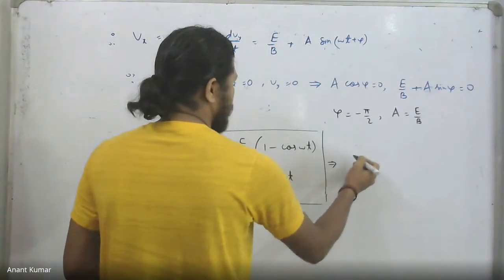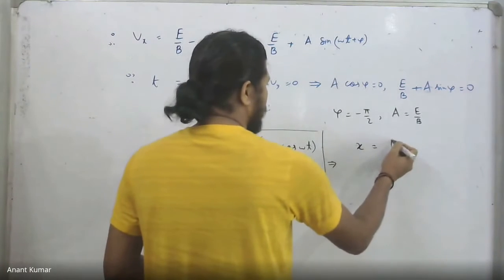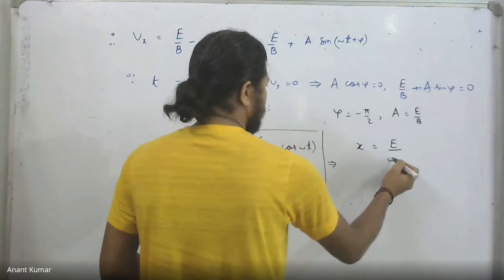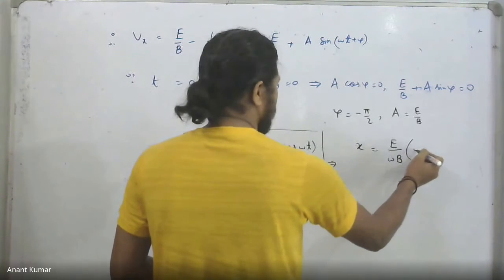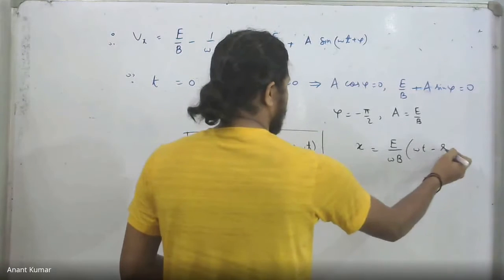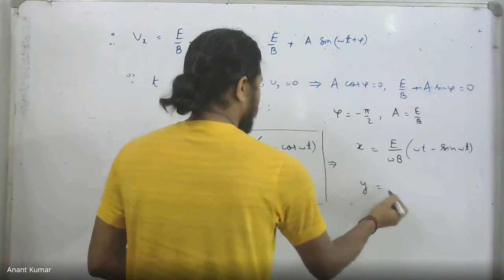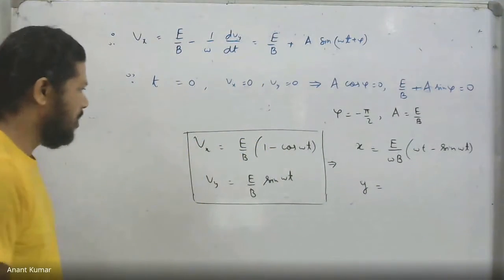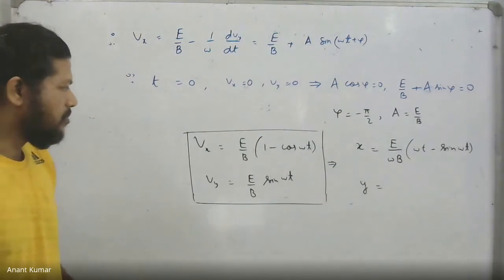So from here, we get the x coordinate as e by omega b into omega t minus sine omega t, and the y coordinate: sine omega t integral becomes minus cos omega t by omega, limit is 0 to t, so we get 1 minus cos omega t.